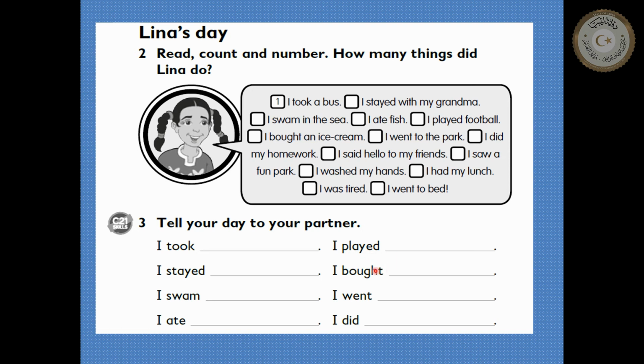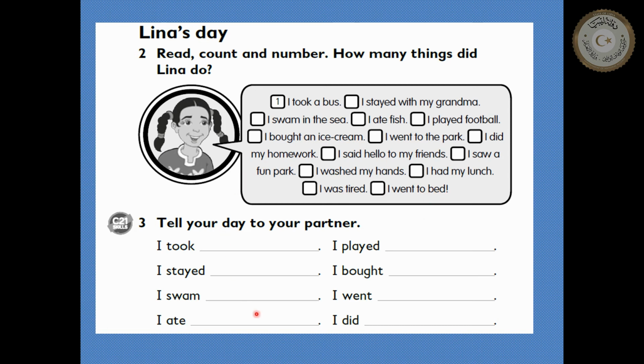I bought an ice cream. I went to the park. I did my homework. I said hello to my friends. I saw a fun park. I washed my hands. I had my lunch. I was tired. I went to bed.